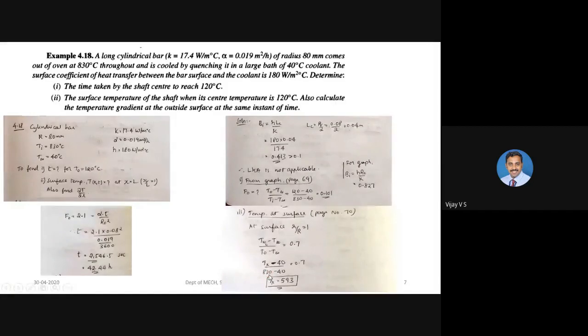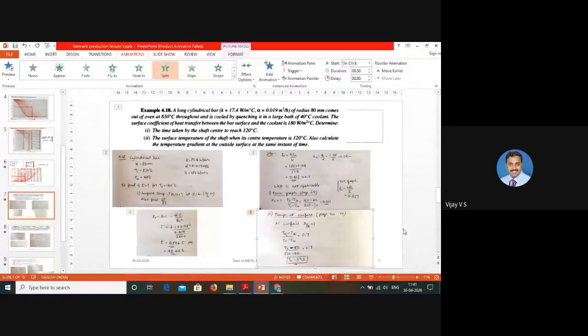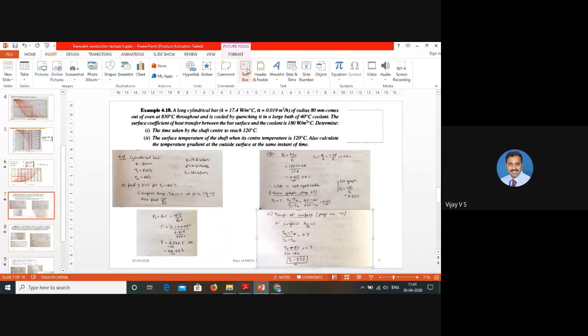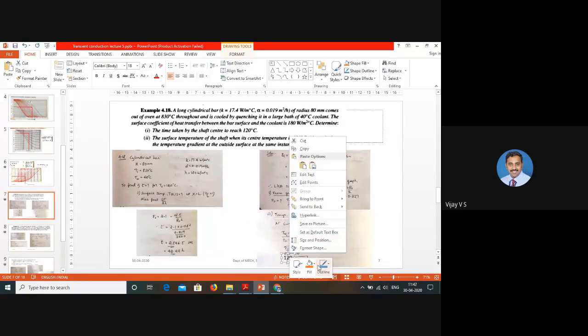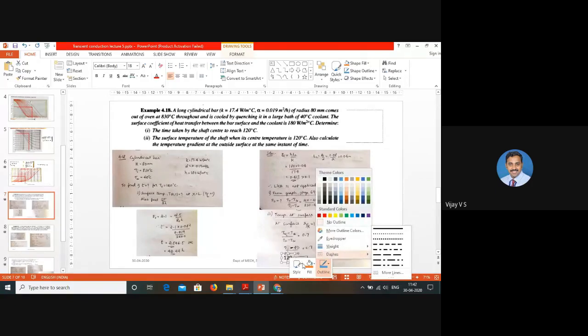T naught is the center temperature. The center temperature here is 120, so I will make that correction here.